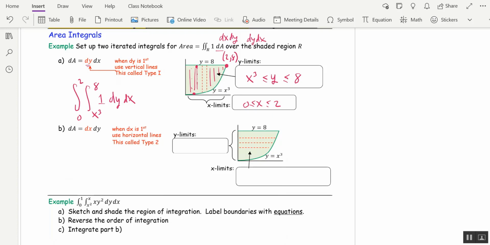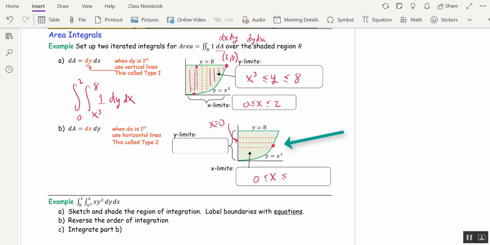Okay, if you integrate with respect to x first, you want to think of the region as being broken up with horizontal lines. And the curve on which the horizontal lines start is your lower limit for x. Now, they start on the y-axis, so this is the equation x equals 0. So our x limits are going to go from 0 to, they leave over here on this curve.